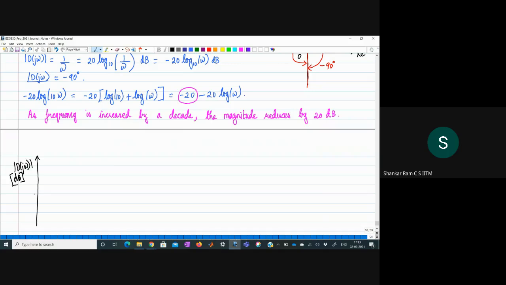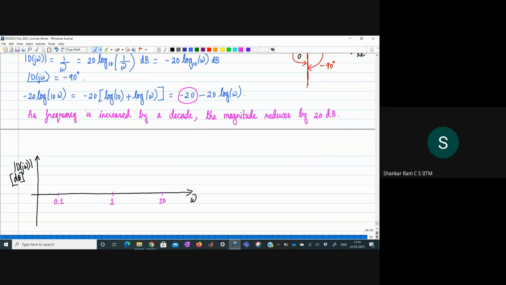Okay, this is frequency using a logarithmic scale. Let me take some particular values of frequencies. Okay, it will become clear as to why I am choosing them. So let's say we choose the frequency of 1, 10, and 0.1. Okay, so let me say we choose these three frequencies.